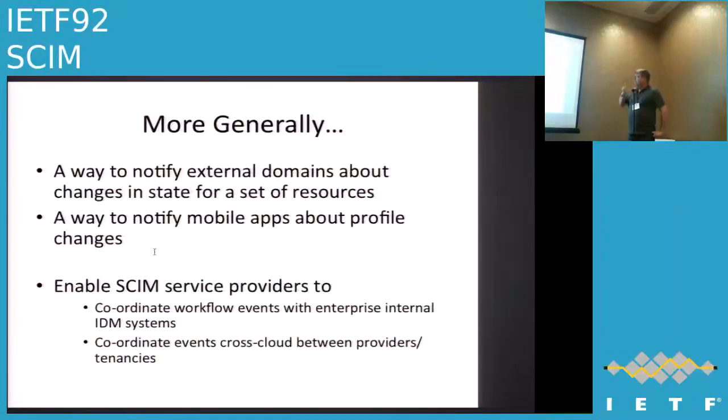So two extreme cases on the spectrum. On one end, to let domains coordinate with each other when changes have occurred. Another one, though, could be a very simple subscription against one resource so that a mobile app can know that the user's profile has changed for some reason, and that it should go get the information, or we'll just pass the app the information.